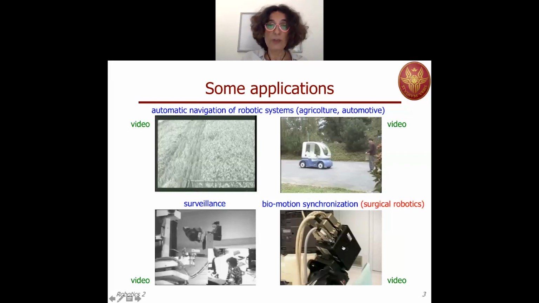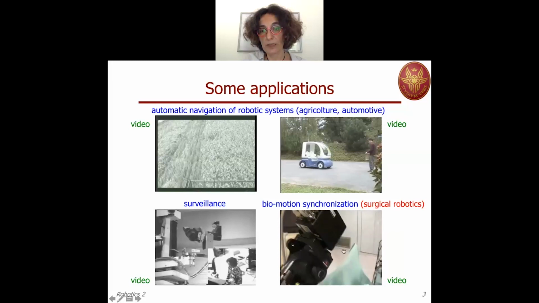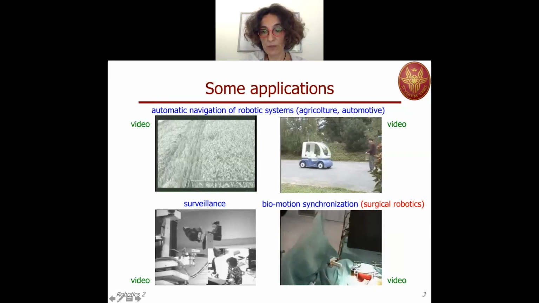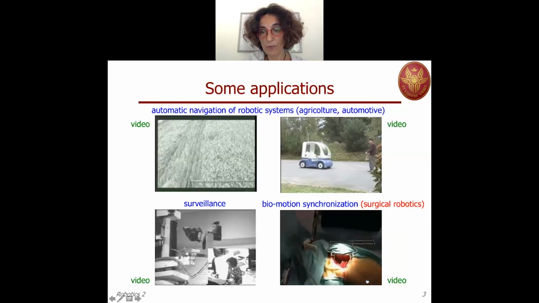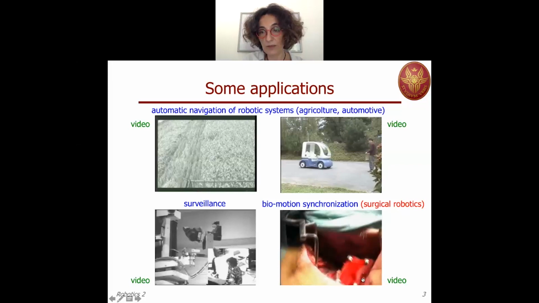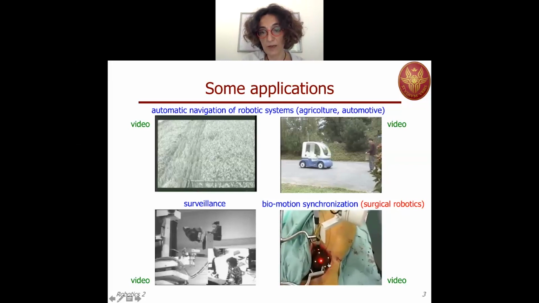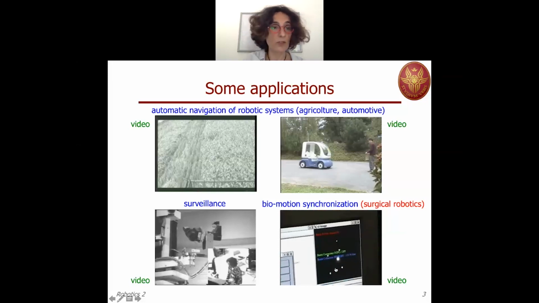And here we also have one of the first examples of application of visual servoing in the medical domain. What you see here is the heart of a pig on which some visible features have been mounted.